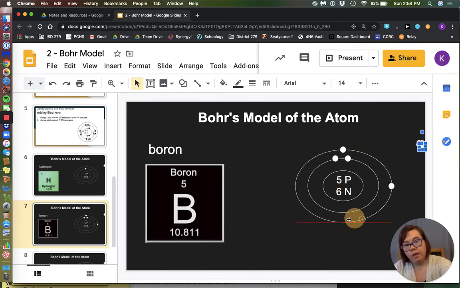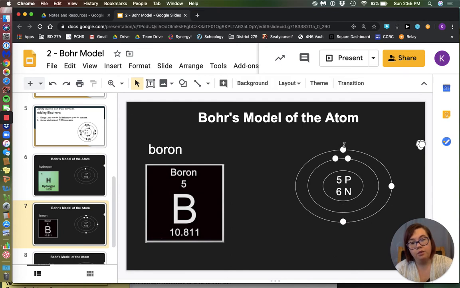Again, you'll notice that I'm spreading them out because these are the first couple of them, so they're kind of establishing their spot, and then those next electrons would start giving them buddies. But now I can double check. I have 1, 2, 3, 4, 5 electrons and 5 protons, so I am good to go with my Bohr model.